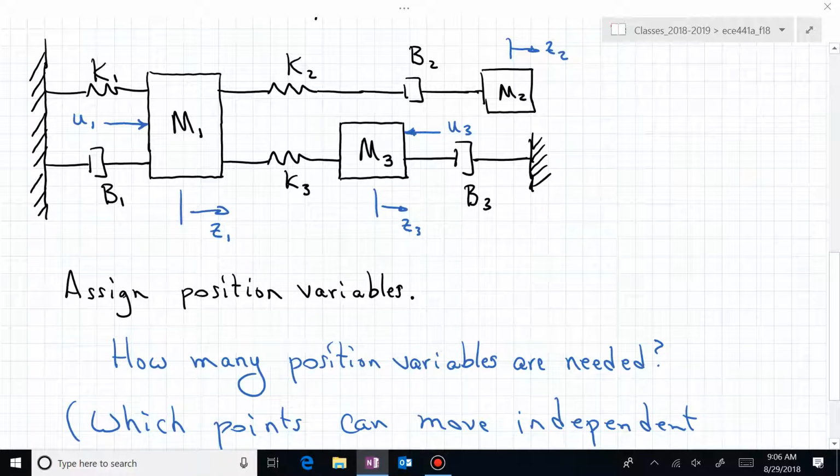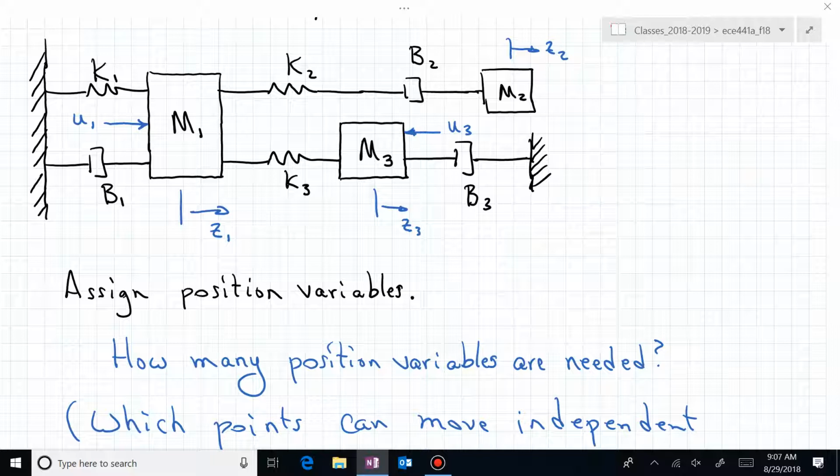Are there any other points in this system? If we now fixed those masses, if we pinned them down, is there any other point in that diagram that can move independently? Between the K sub 2 spring and the B sub 2 dashpot. Do you see that I could actually wiggle that back and forth independent of the masses being fixed?